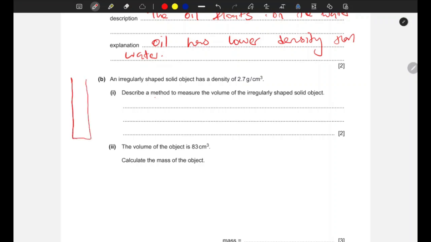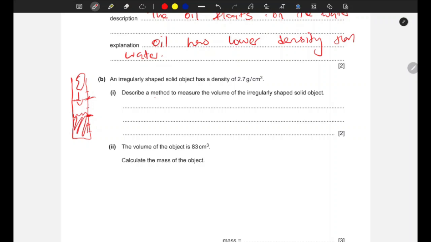So we have a measuring cylinder with its readings, of course, and then we fill it up with water to a certain reading, and then we put the irregularly shaped object into the water. Then we see the level rise. Let's say it rises to this point after the object has been added, then we can subtract this value from this value to find the volume.